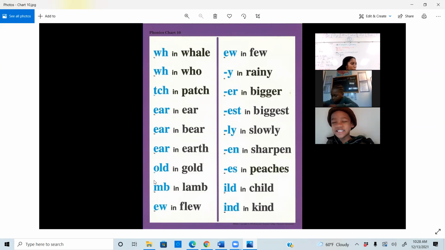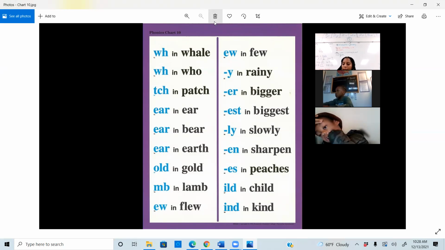MB says m, in lamb. EW says oo, oo, oo, in flu. EW says you, in few. Y says E, in rainy. ER says er, in bigger.